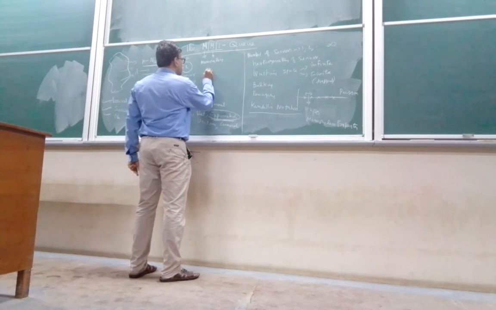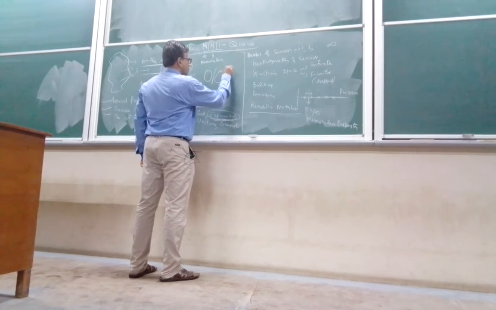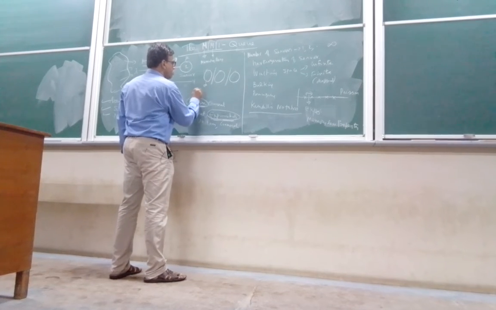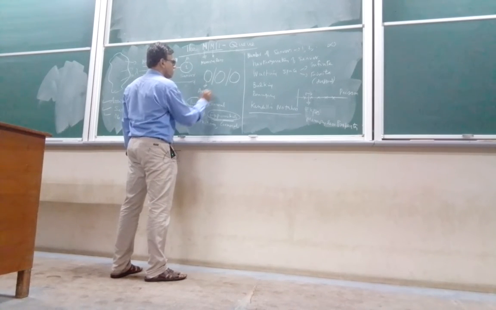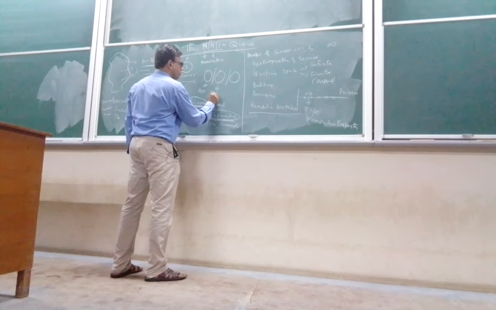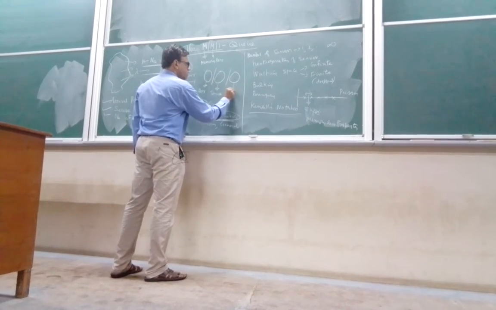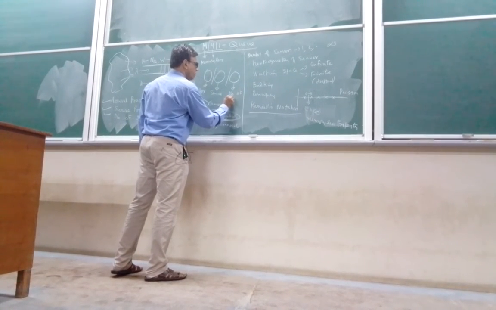The first one is about the arrival process, the second is about the service process, and the third is the number of servers.